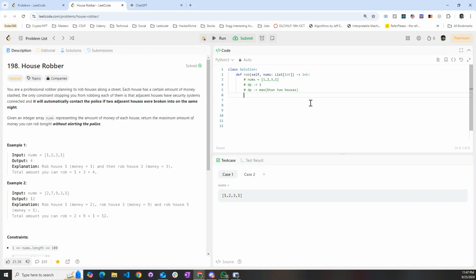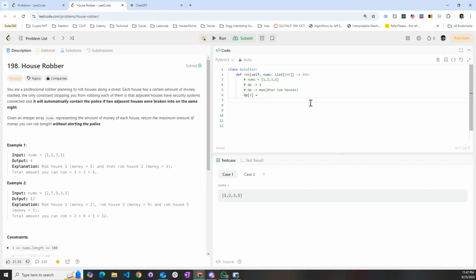What if there are three houses? If there are three houses, it will be like dp of the third house. And now we need to choose whether, since we need to make the maximum amount of money, choosing the third house is going to give me more money, or the second house itself was the maximum out of the three, right?